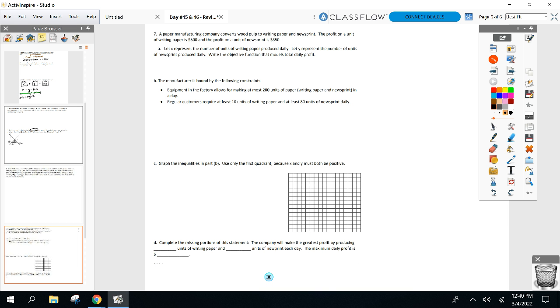All right, let's do it. We're talking about paper in this one. We got writing paper and newsprint. You guys see how much we can make off of each of them? Can you write a Z function, part A, for me? X is writing, Y is newsprint. Write an objective function here that tells me how much profit I'm going to have.